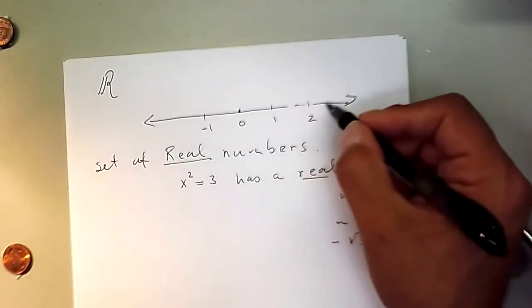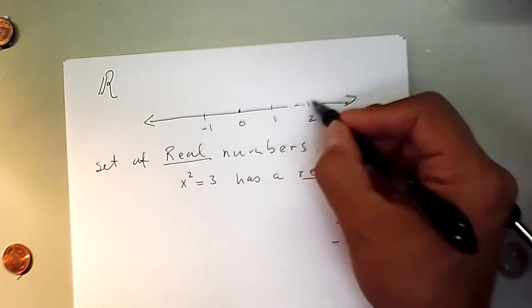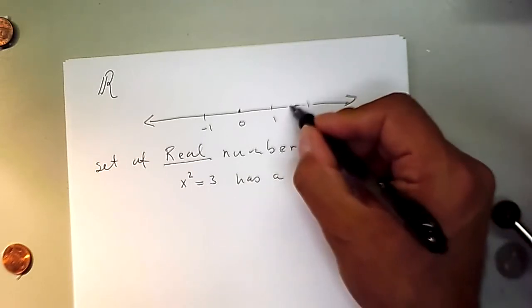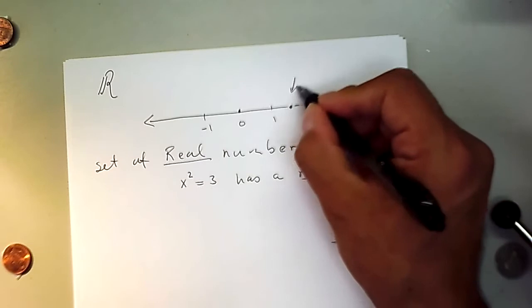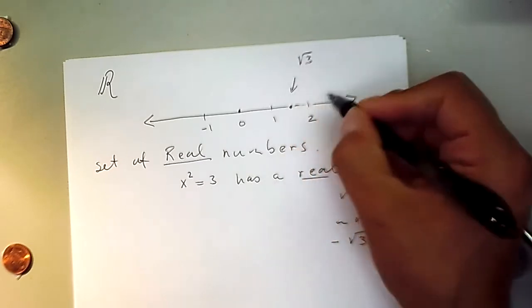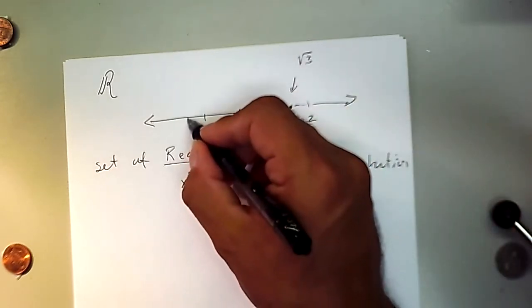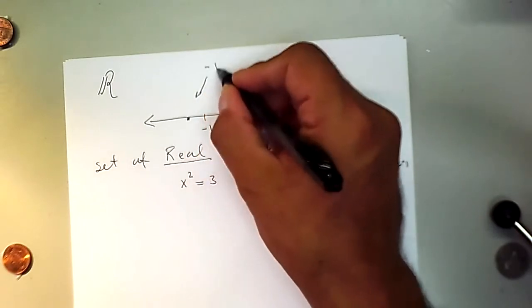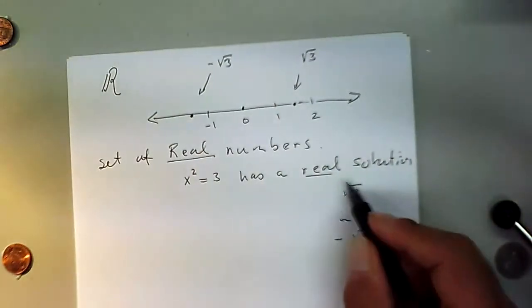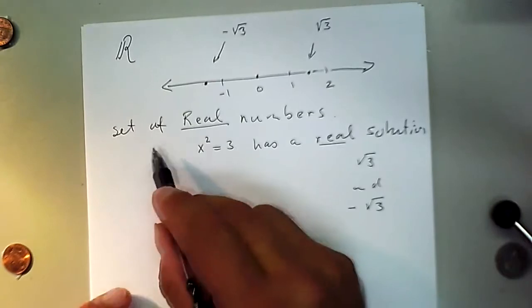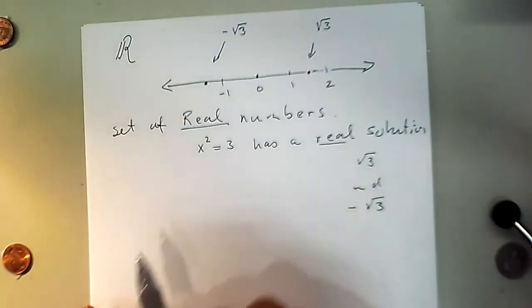The square root of 3 is somewhere between 1 and 2. Let's just say here is the square root of 3. But then there is another solution somewhere on the left, negative square root of 3. There are actually two solutions to this equation.